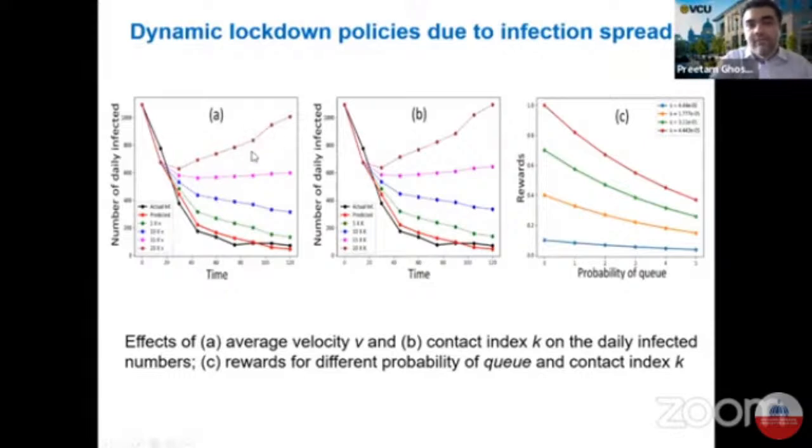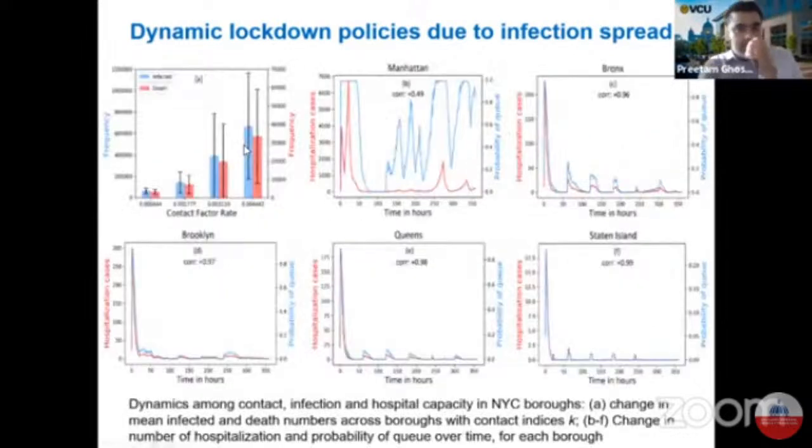Look at this brown curve over here. If it is 20 times the lowest radius, so we divide the lockdown levels by how far you can move during a lockdown, then the number of infections cannot be controlled. This red curve is actually full lockdown, where nobody's moving as much. And as you keep making it more and more lenient, you're going to see more and more infections, right? So that was the goal of this simulation.